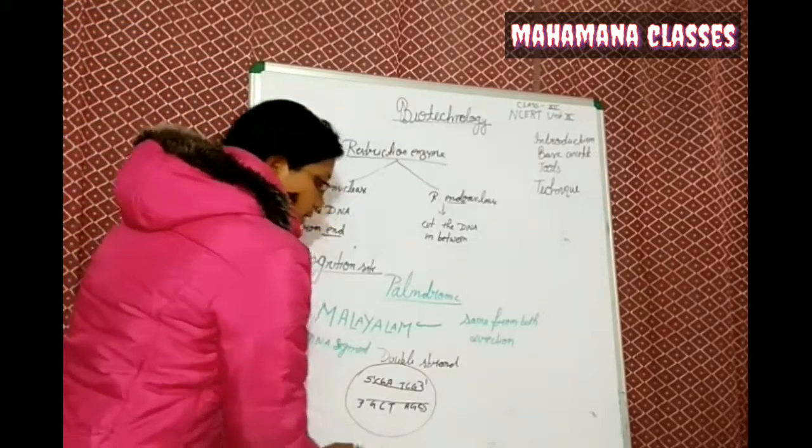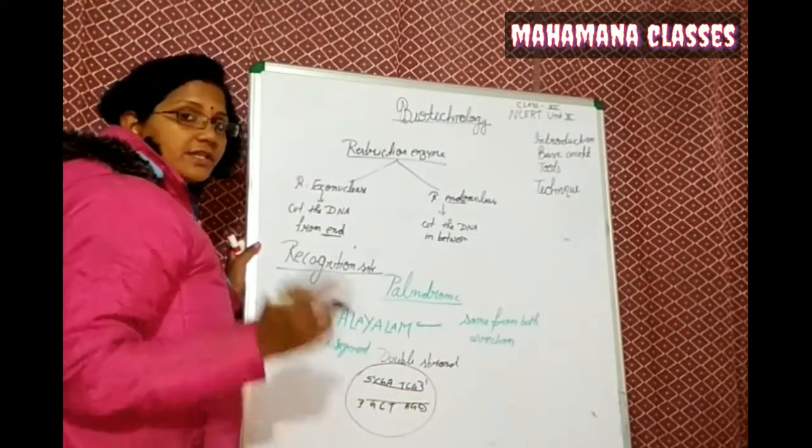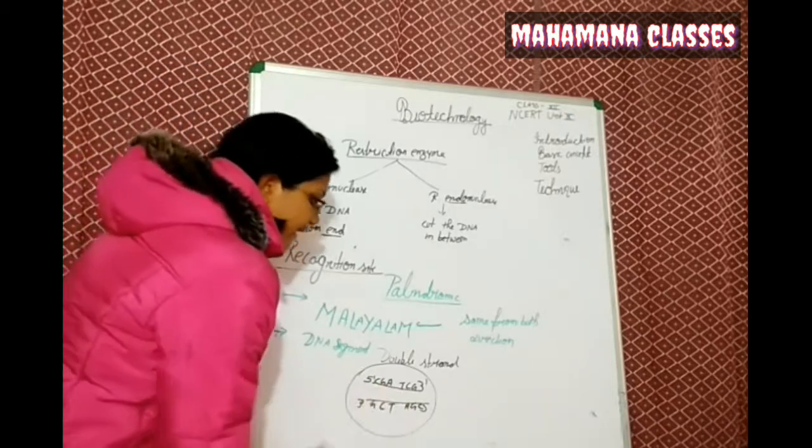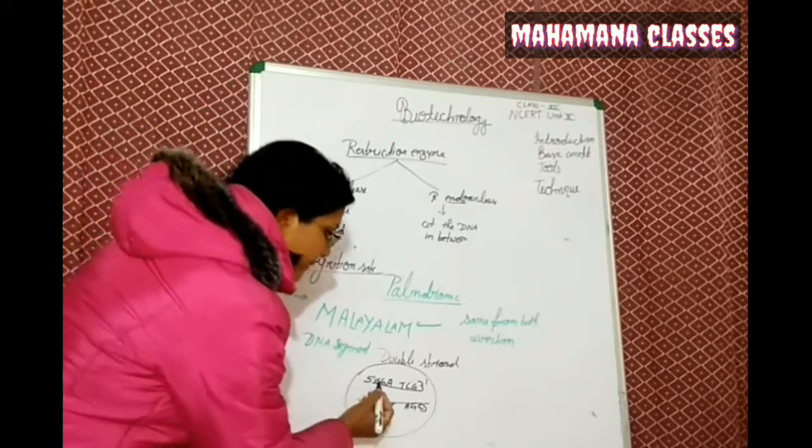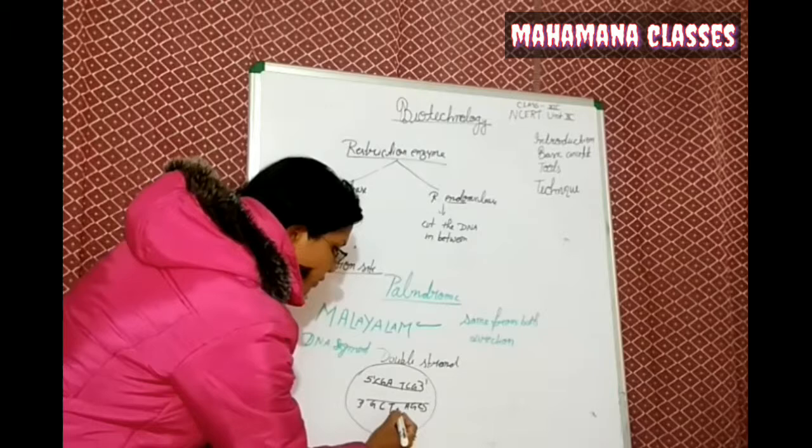Now the function of restriction enzymes is of two types. It can cut DNA in two ways.